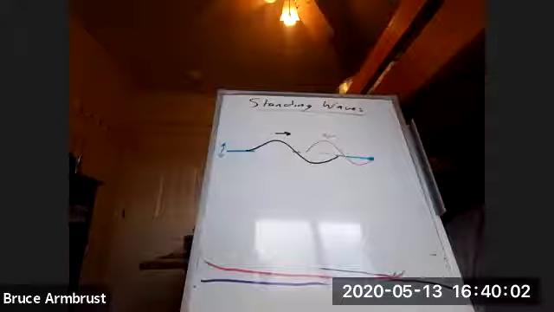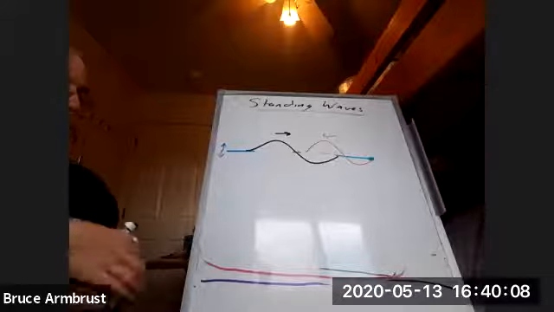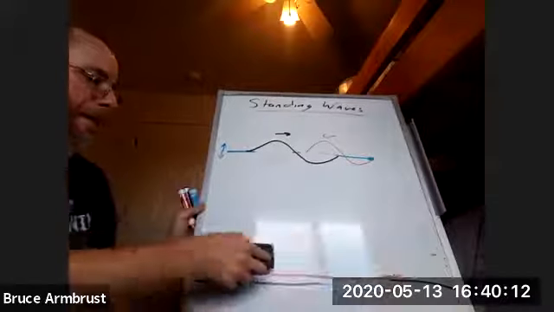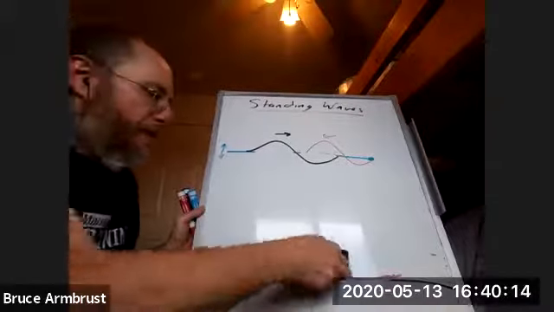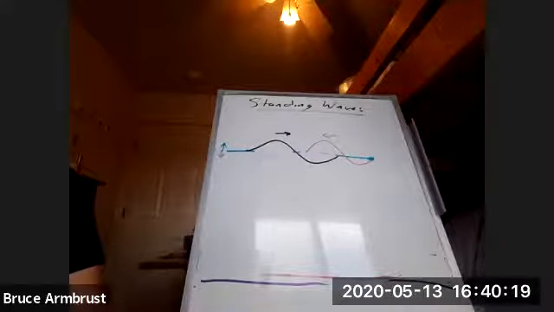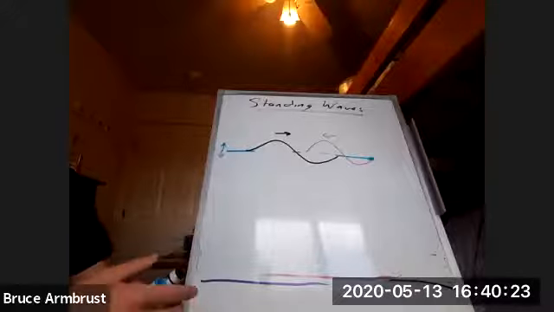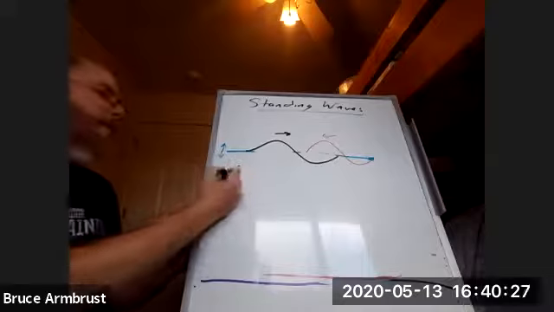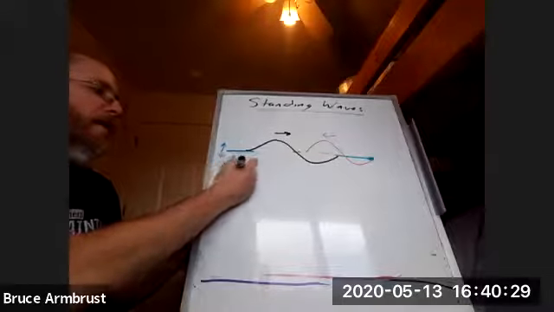Okay, so the question is, what does it become and what does it look like? Well, let's actually just go to the math. Let's take the equations for these two waves and see what we get. The one that's traveling to the left, the black one, we'll call that Y1.